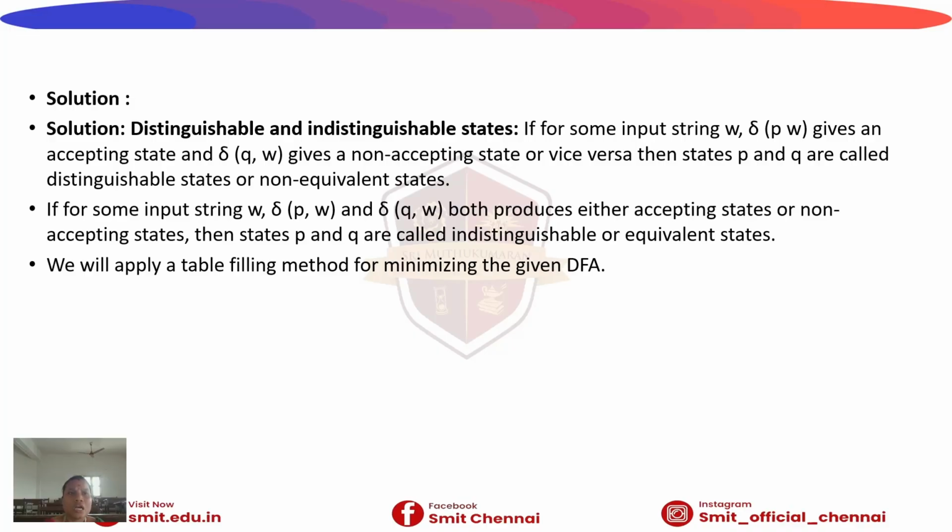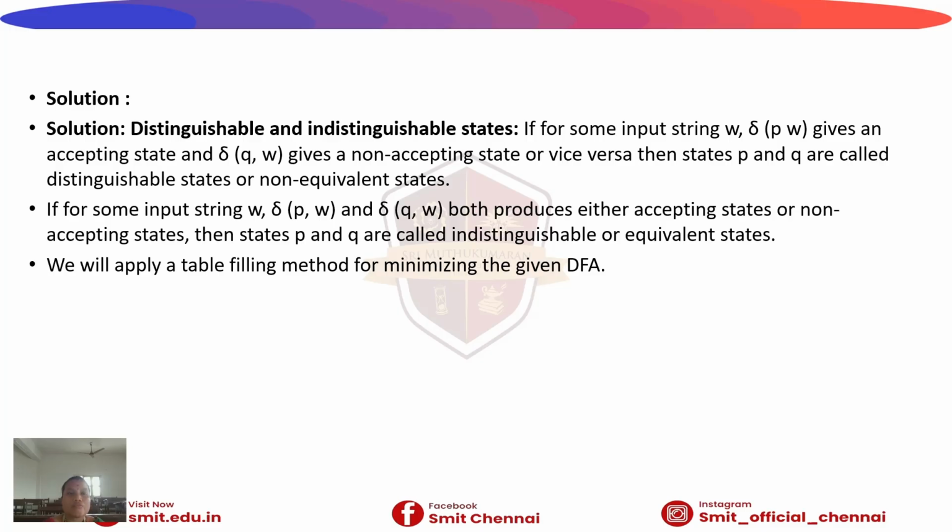The solution means distinguishable and indistinguishable states. If for some input string W, delta of P comma W gives an accepting state and delta of Q comma W gives a non-accepting state, or vice versa, then states P and Q are called distinguishable or non-equivalent states.